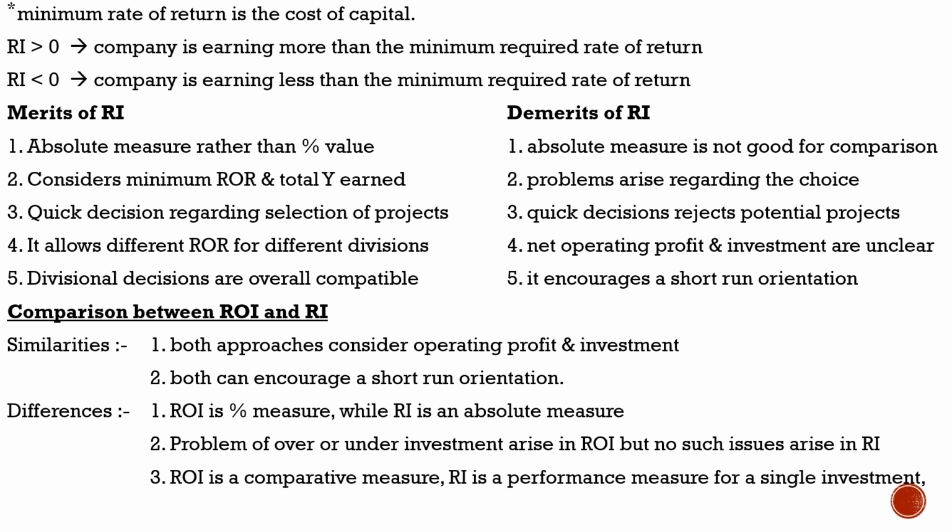Finally, return on investment is independent of the size of investment. It is better suited as a comparative measure, whereas residual income is more useful as a performance measure for a single investment center, and comparison is not much entertained in that area. So these are the major differences and similarities between return on investment and residual income.